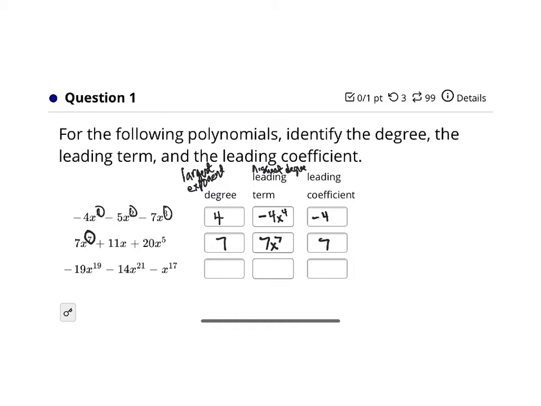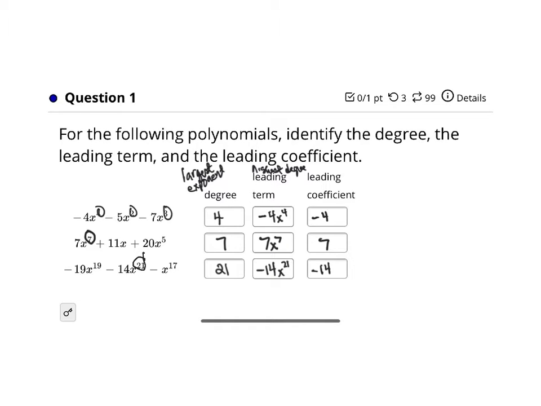So now we have 19, 21, and 17. Well, 21's larger, so we have a degree of 21. That term is negative 14x to the 21st, and the coefficient is negative 14. When you click in the answer blank, a menu will pop up.